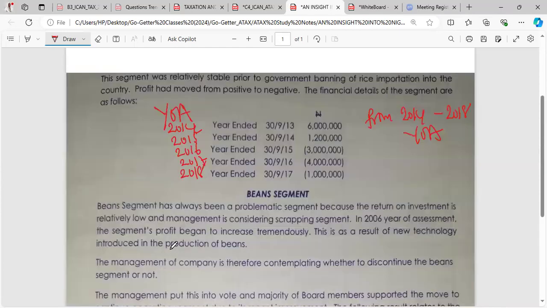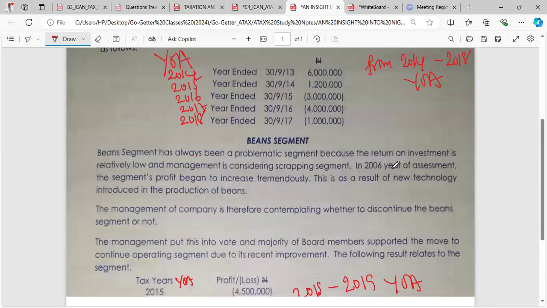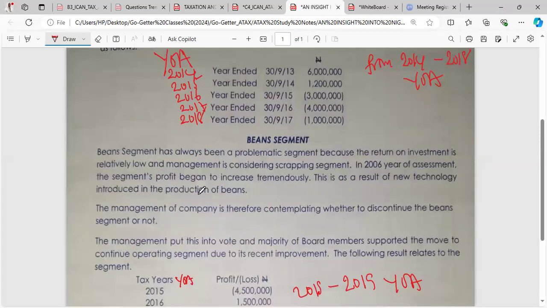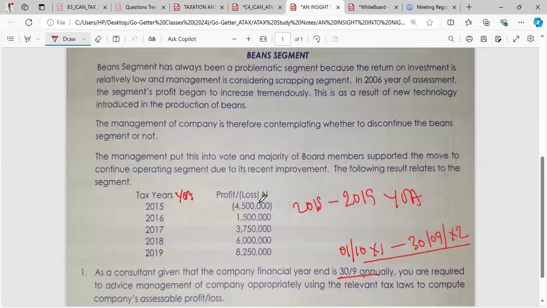Which advice are you asking to do? They were about to scrap the beans company because it is making loss before of this big loss. We're about to scrap it. So your advice would be, do not scrap beans.